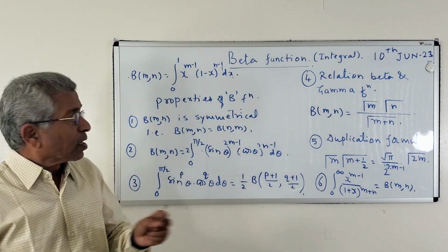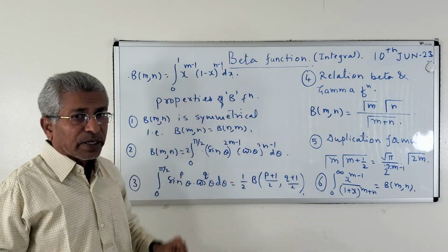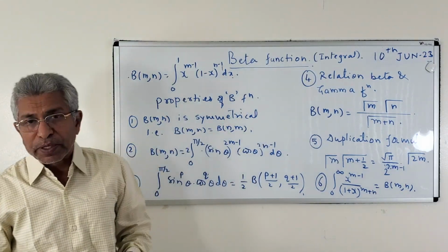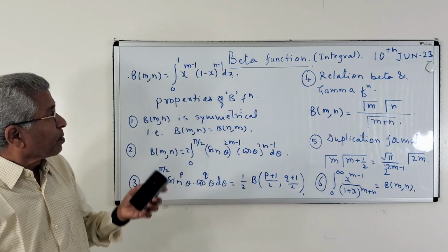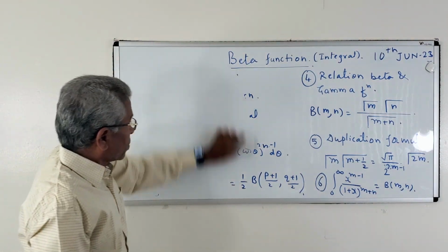Now just note down these properties, and using these properties and this definition we will see some useful examples from beta function. For example, let us see this very useful example.